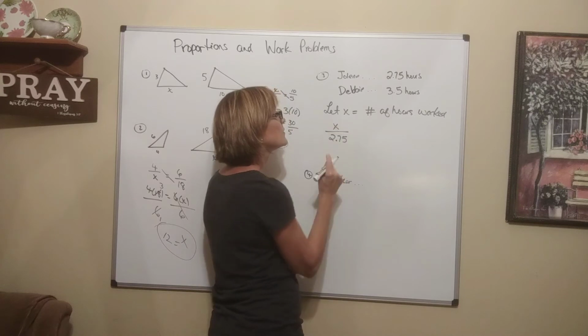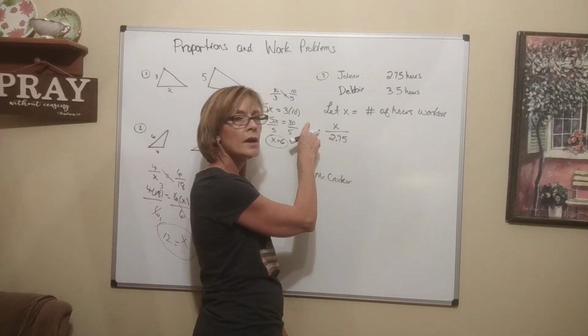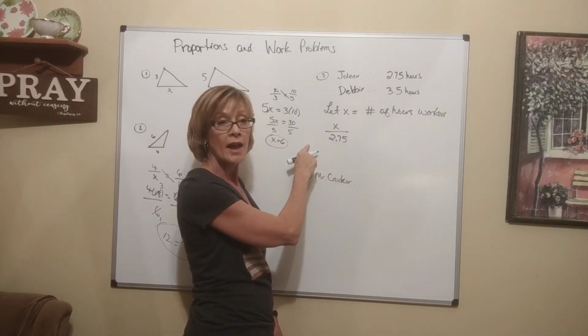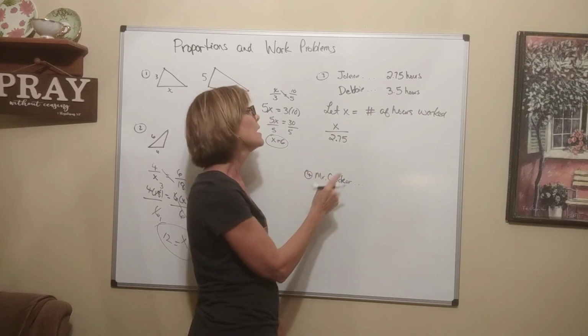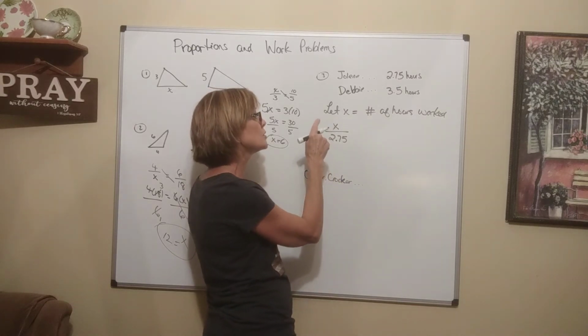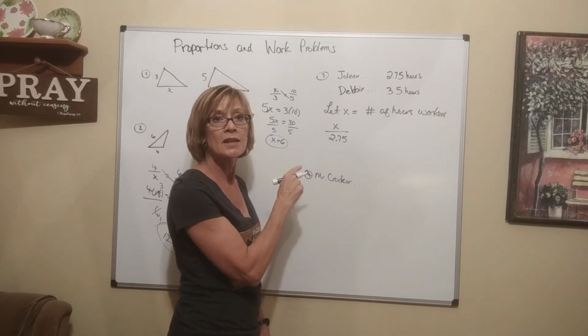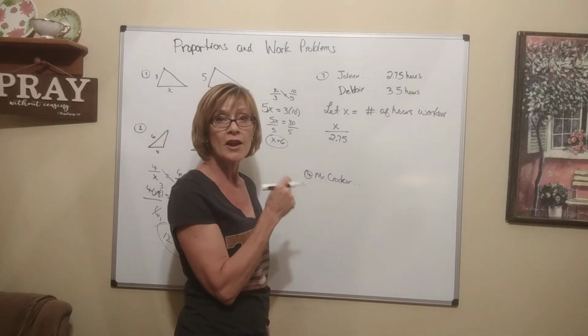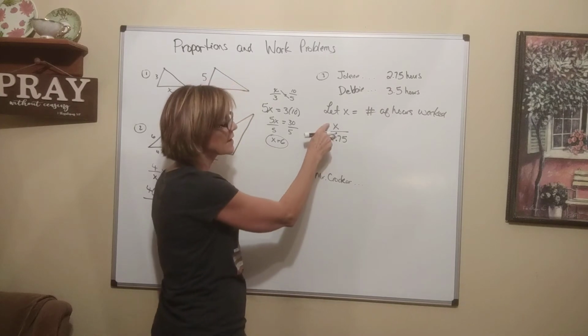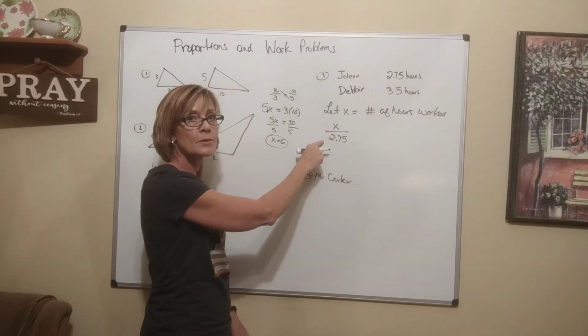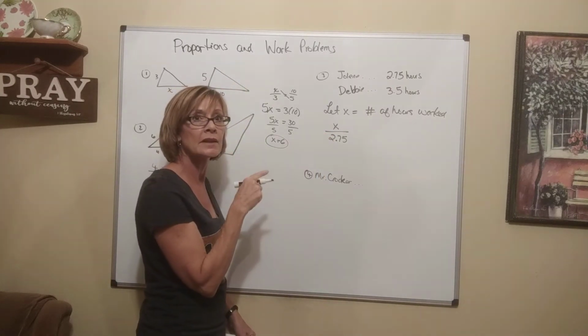So if Jolene worked 1 hour, 1 out of 2.75 hours of work had been accomplished. If she worked 2 hours, 2 out of 2.75 of the job is done. And if she works 2.75 hours, then 2.75 over 2.75 represents 1 job completed.